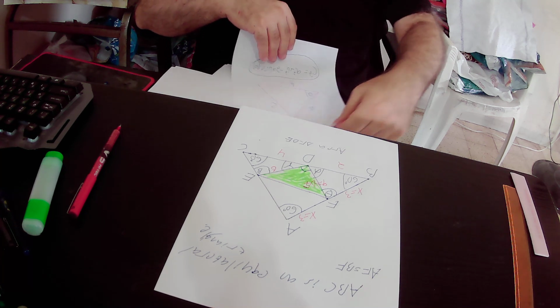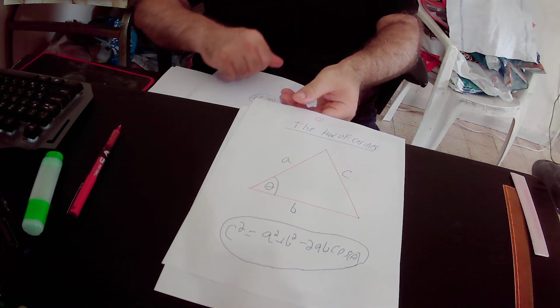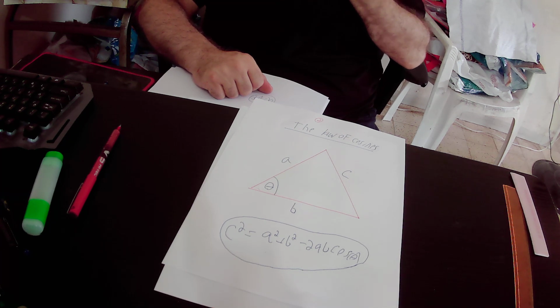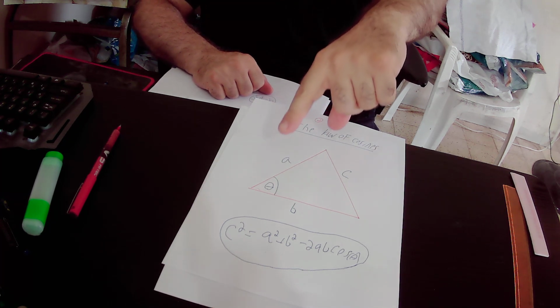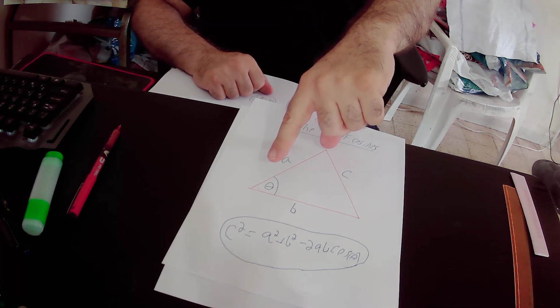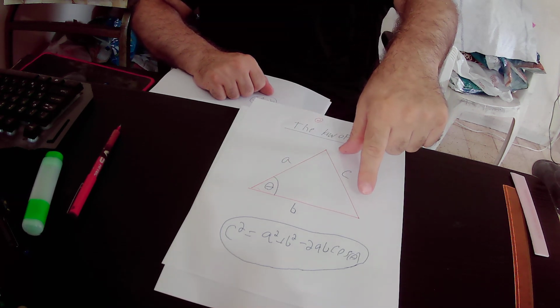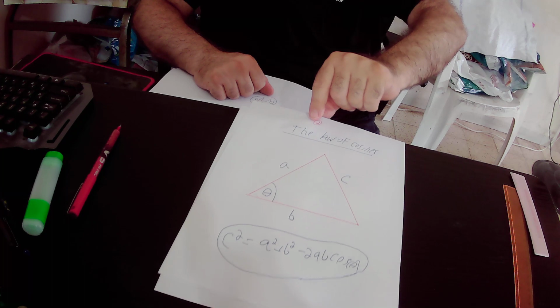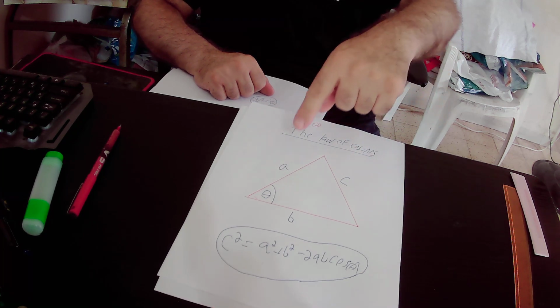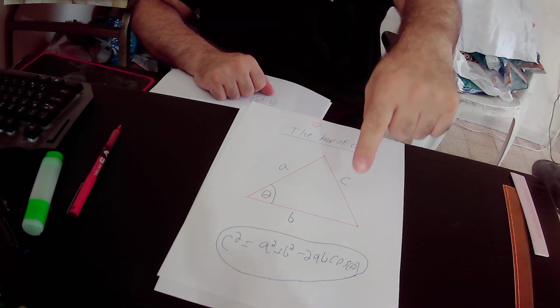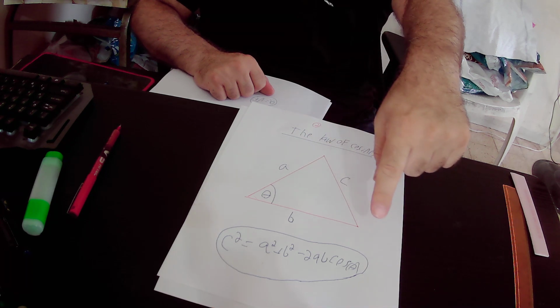What is the law of cosines? In any triangle, if this side is A, this side is B, and this side is C, then C squared equals A squared plus B squared minus 2 times A times B times cosine theta.